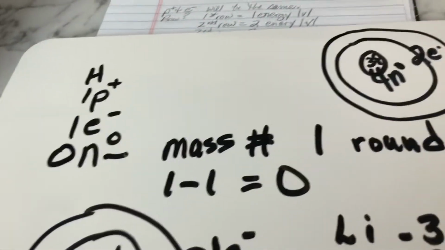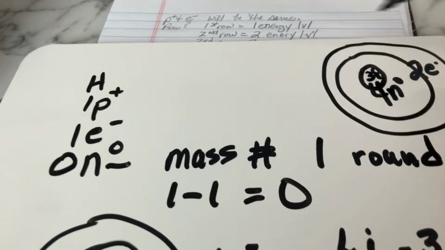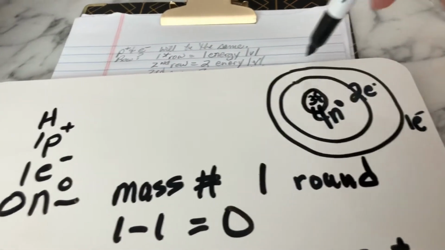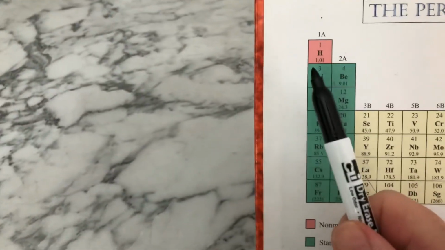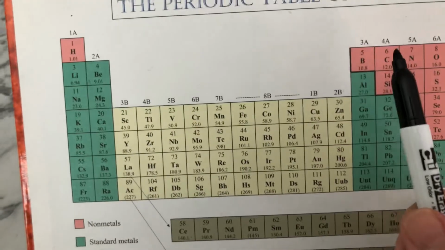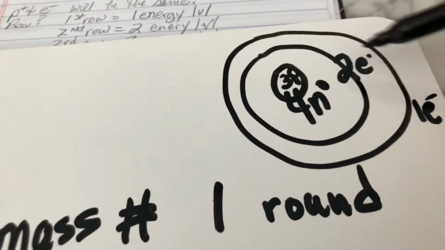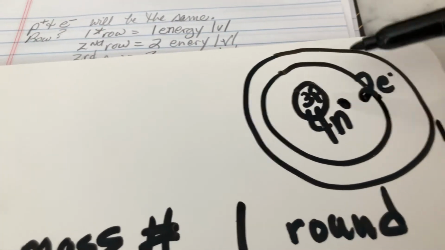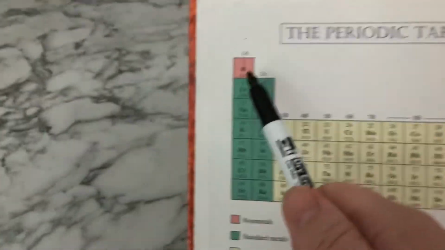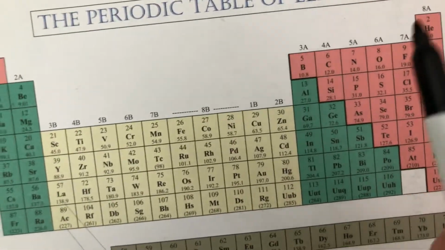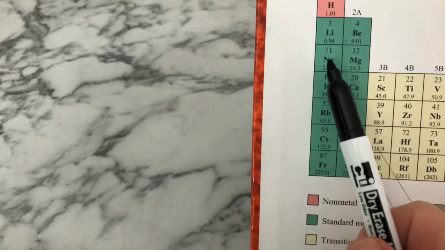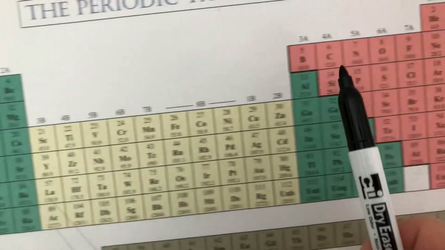On this second energy level, you're going to have a total of 1, 2, 3, 4, 5, 6, 7, 8 electrons. There's going to be a max of 2 in the first row because there are only 2 elements, and on the third row you're also going to have only 8 elements.